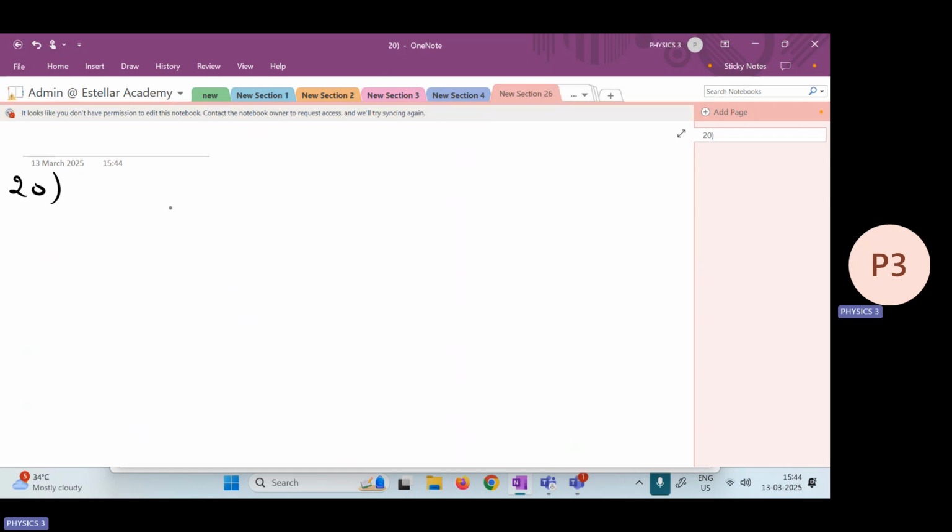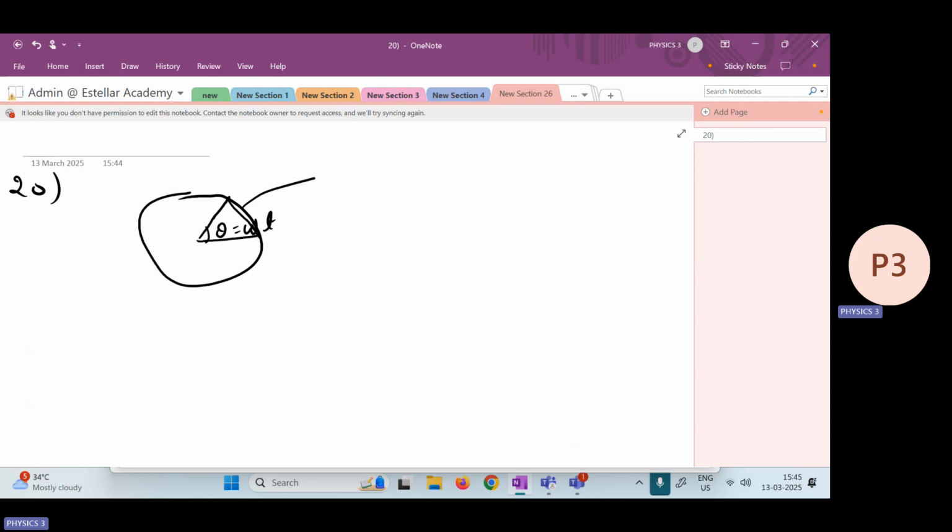The 20th question, we have given a particle moves along a circle of radius r with constant angular velocity omega. We are asked its displacement magnitude in time t. Okay, so the particle was moving in this circle, right? So let's suppose in this time t it travels some angle theta, which we can write as omega t, and we have to find this displacement.